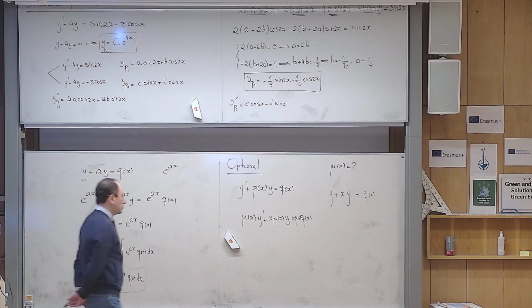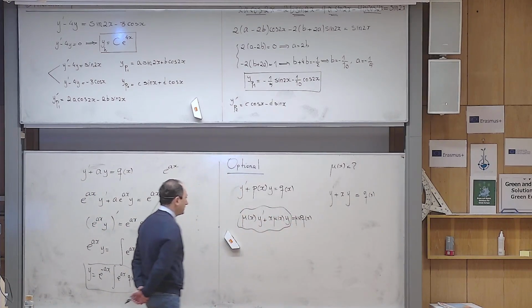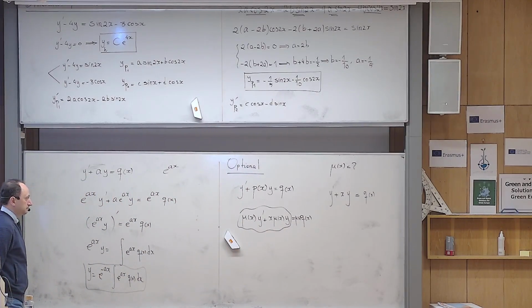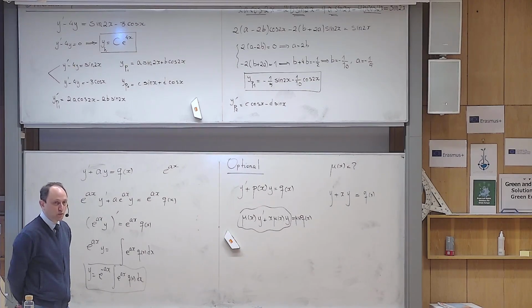But your goal is to see whether this becomes the right-hand side of a product rule. And have this logic in mind, because some people want to find all possible mu's. No, you just need to find one mu that will work.